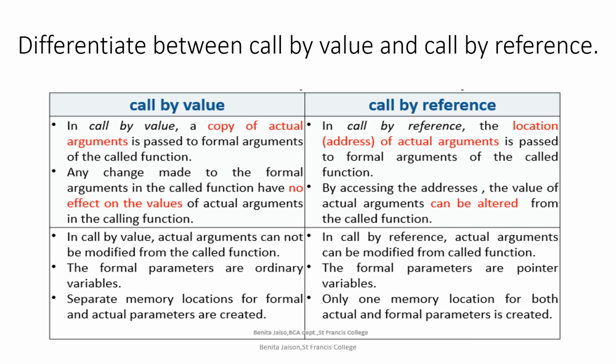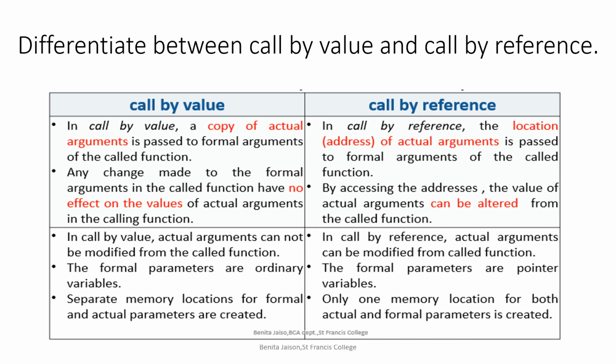In call by value, actual arguments cannot be modified from the called function, as we are passing only the duplicate copy. But in call by reference, actual arguments can be modified from the called function. In call by value the formal parameters are ordinary variables, while in call by reference the formal parameters are pointer variables.